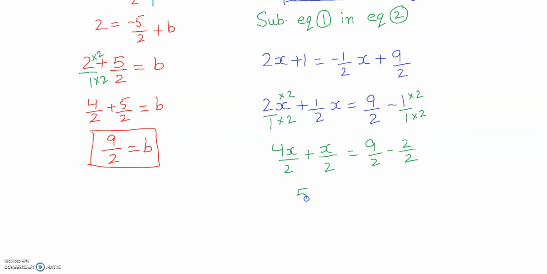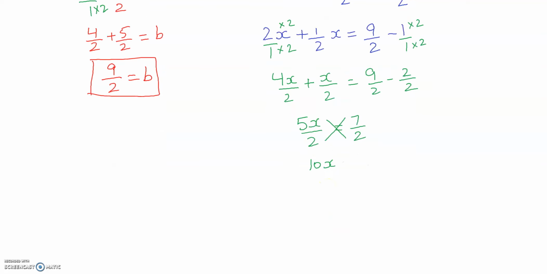So it will be 5x over 2 is equal to 7 over 2. We can do the cross multiplication. 5x times 2 is 10x, equals 2 times 7 is 14. I will divide both sides by 10. It will be 14 over 10. Then I can reduce this fraction. Divide this by 2, divide 10 by 2. It will be 7 over 5. Now we got the value of x.